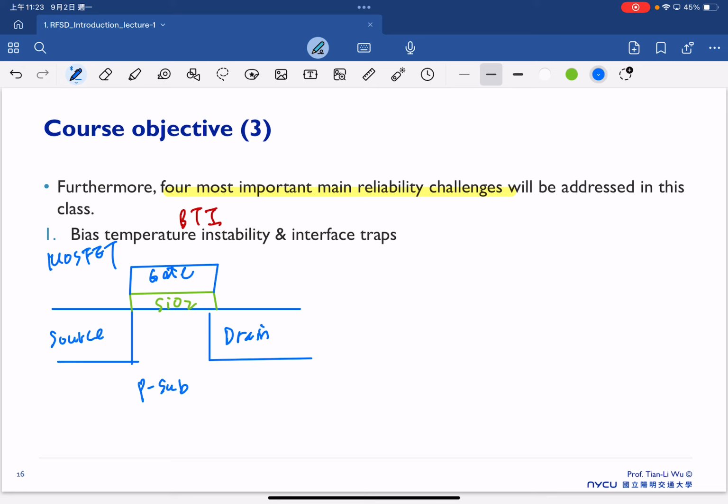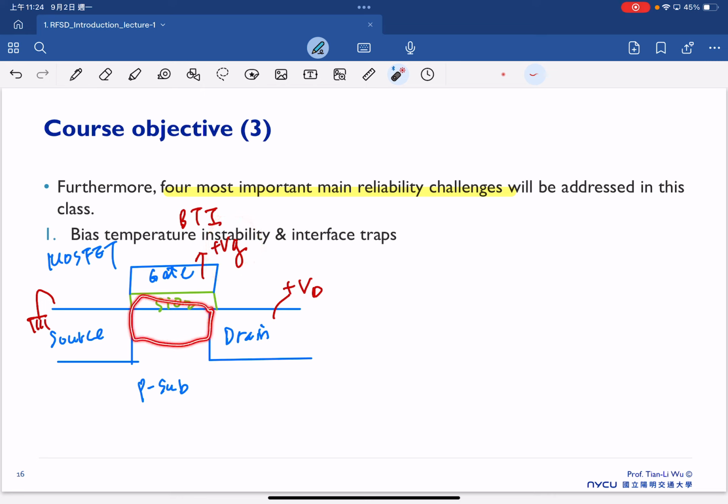As I said before, when we operate a MOSFET, first we put the source at ground, that's the case most of the time. We apply a positive drain bias, and then we apply the gate bias. The concept of MOSFET operation has already been mentioned before. Once the gate voltage is high enough, we can induce electrons in the channel.